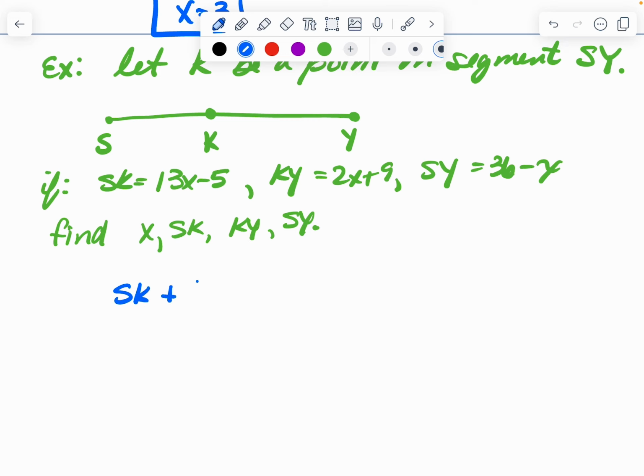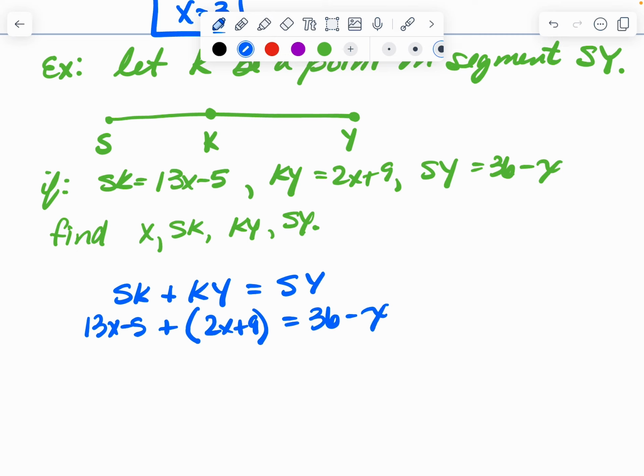SK plus KY equals SY. That's what that really means. That's two little pieces together equal the long piece in its total. So then SK is 13x minus 5. KY is 2x plus 9. And SY is 36 minus x.